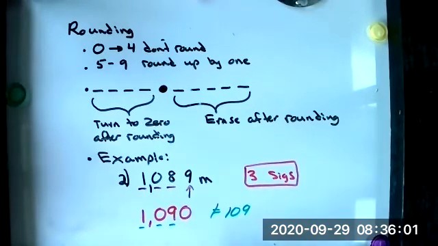A lot of students will get rid of this 0. They'll think, okay, well, I used him for rounding, now I'm going to get rid of him. Well, 109 is nowhere near 1090. Don't erase them if it's to the left of the decimal.